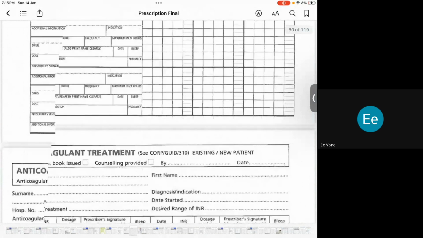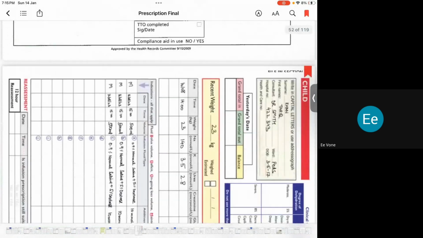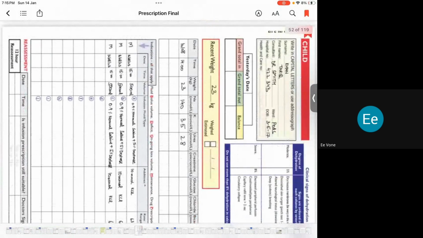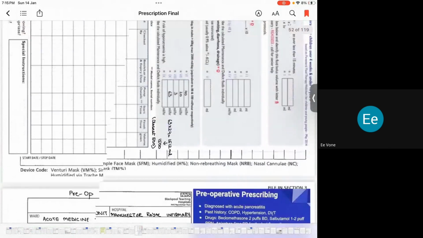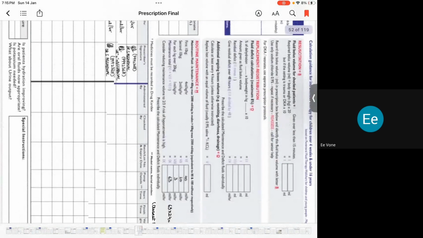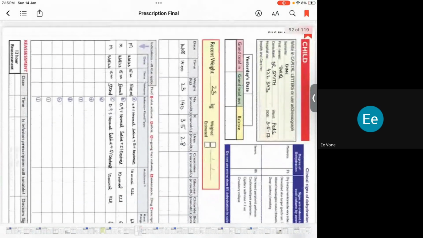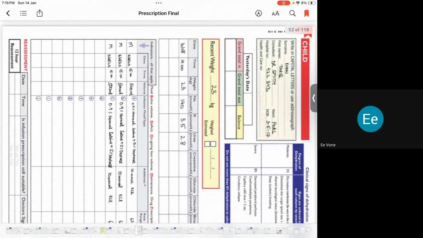Fluids generally come in peritonsillar abscess. So this kind of paper will come. Can you guys see? Firstly we have to write the names.